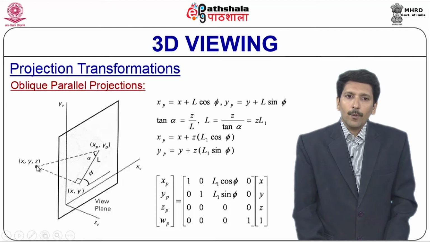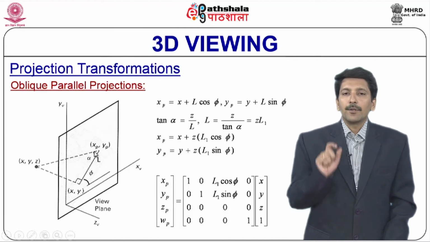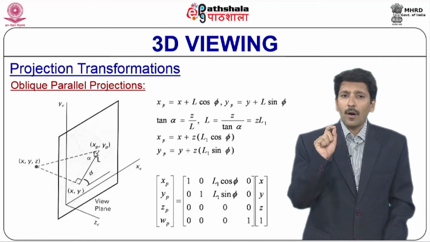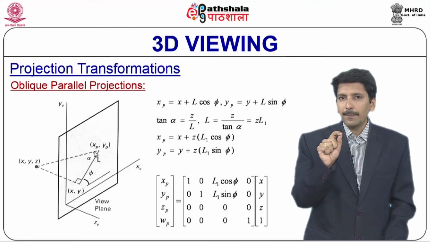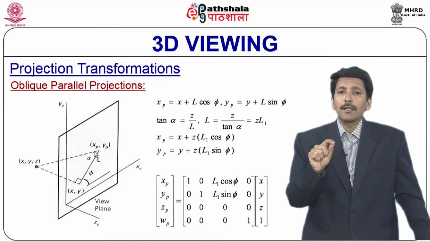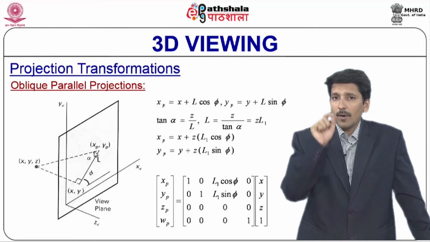Now, the line connecting x, y, z and this x_p, y_p. Now, x_p, y_p are the projection coordinates of the point x, y, z on the view plane. So, x_p, y_p are the obliquely projected coordinates of the position x, y, z. So, this x_p, y_p lies on the view plane.